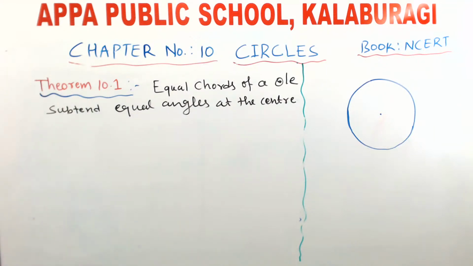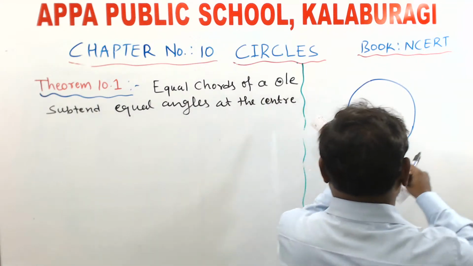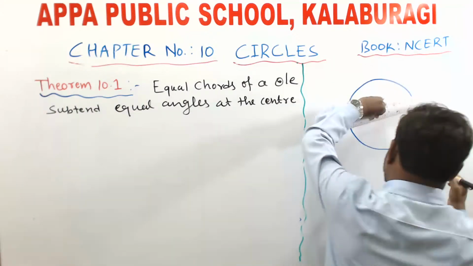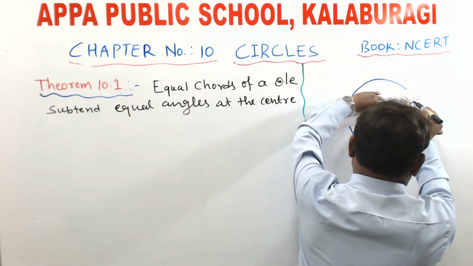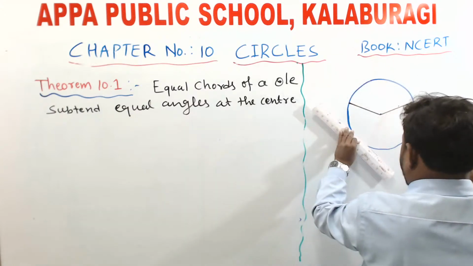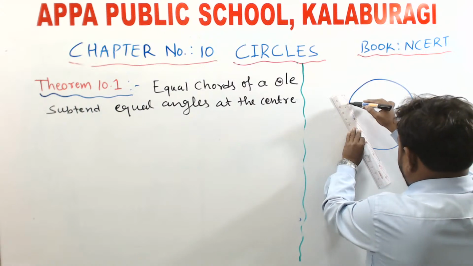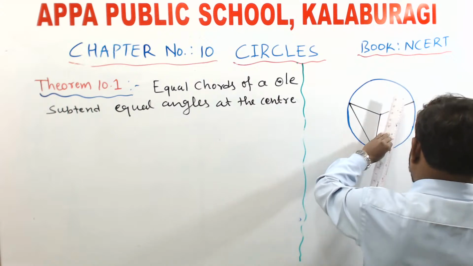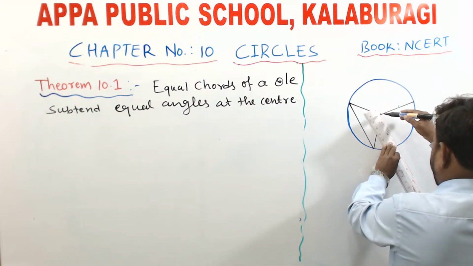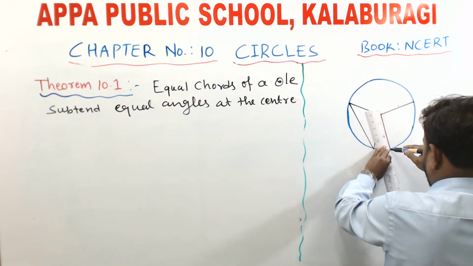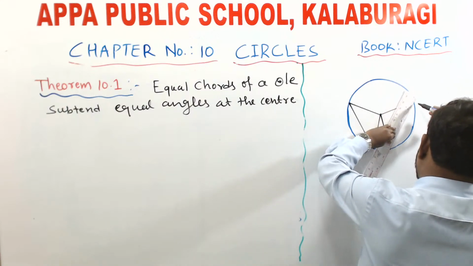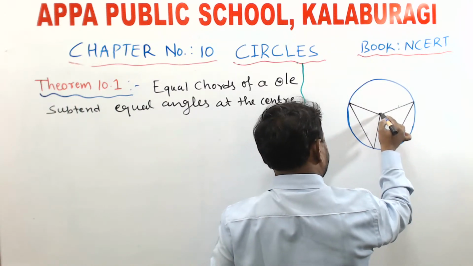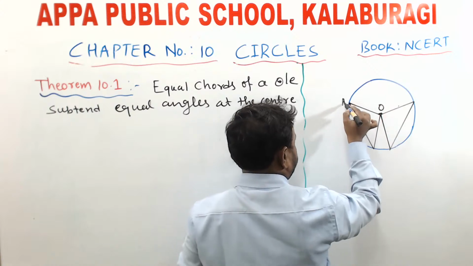So one by one, I am explaining here that... So this is the diagram for theorem 10.1. This is O and this is AB.